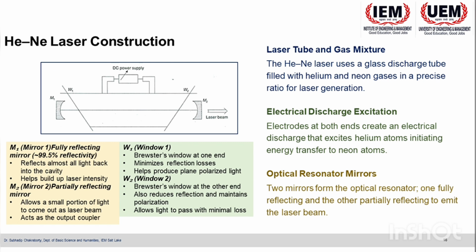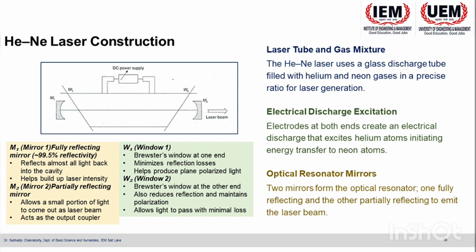One mirror is fully reflecting while the other is partially reflecting, allowing a small fraction of the laser beam to emerge as output. Brewster windows are also used to minimize reflection losses and produce plane polarized light.